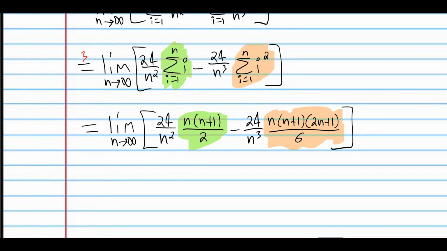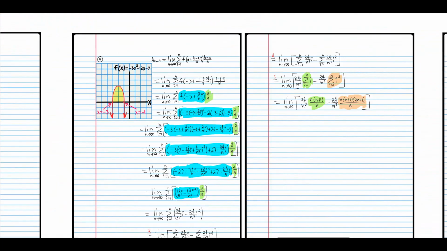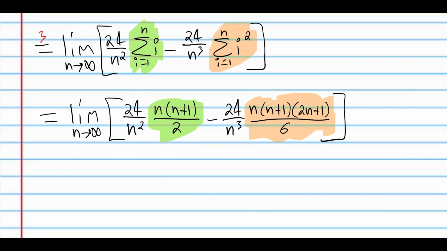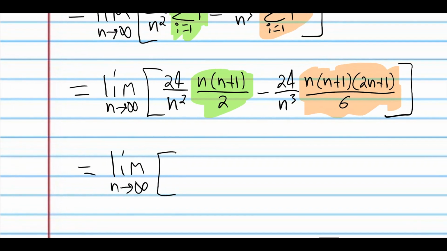And so now we have an estimate for the area that we're looking for, this shaded area. That's an estimate using n rectangles. And so let's just simplify that expression. And we get, looks like 12n plus 12 over n.